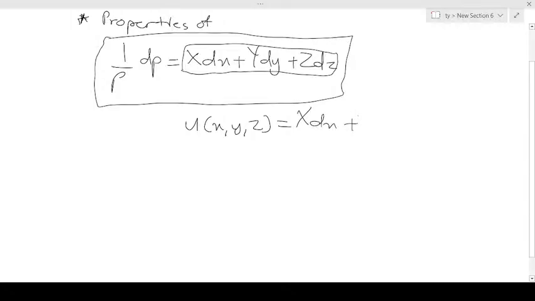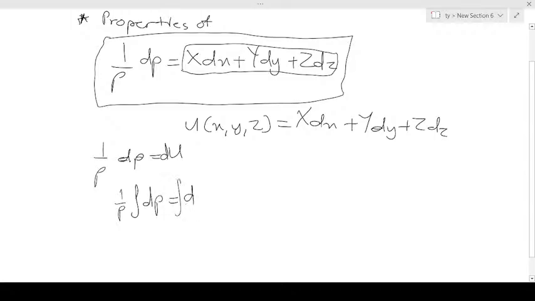So now this formula becomes this. And so if we integrate this, we're going to have 1 on rho times p is equal to u plus c.